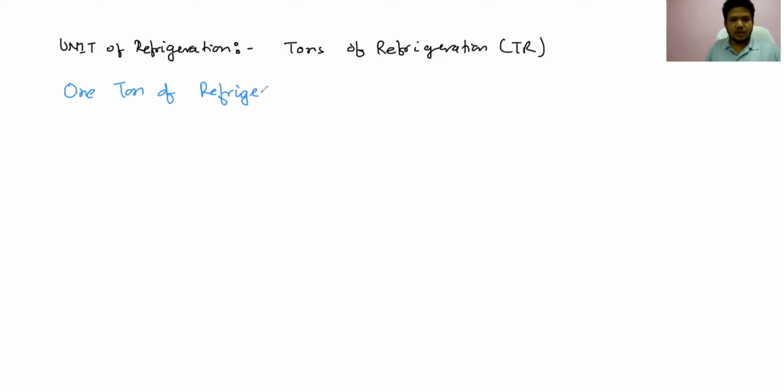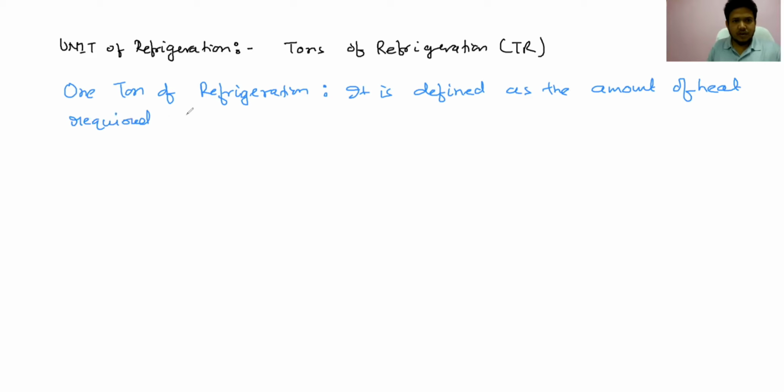Yes. 1 ton of refrigeration is defined as the amount of heat required to melt 1000 kg of ice in water in 24 hours. This is the one definition.